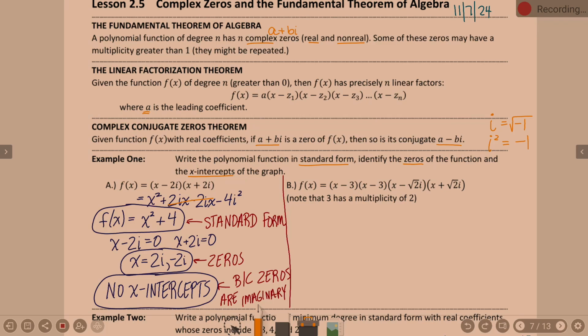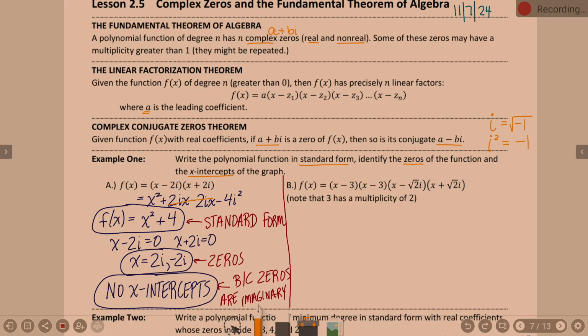Note that 3 has a multiplicity of 2. Remember multiplicity? Multiplicity is the power on a factor, right? Could this be rewritten as x minus 3 squared? It could be. So it has a multiplicity of 2. It also means that it's a repeated factor, or a repeated 0. So we're going to see 1 less 0, I guess we could say.